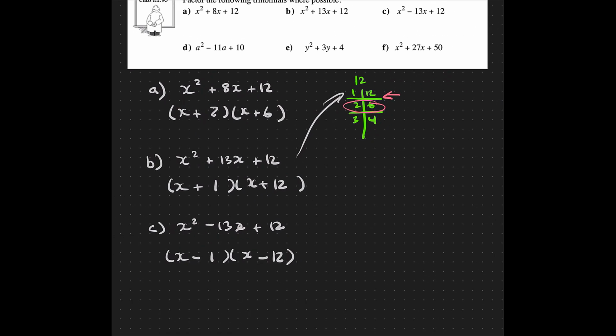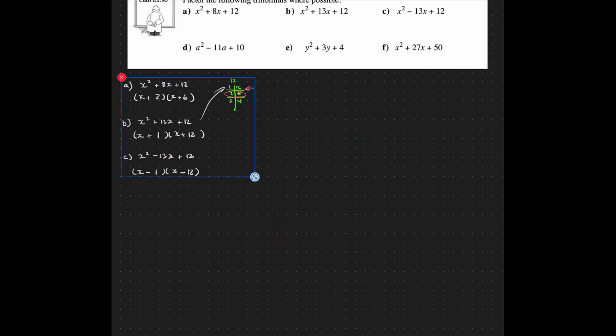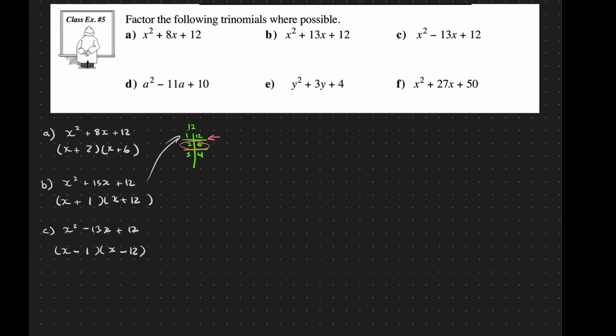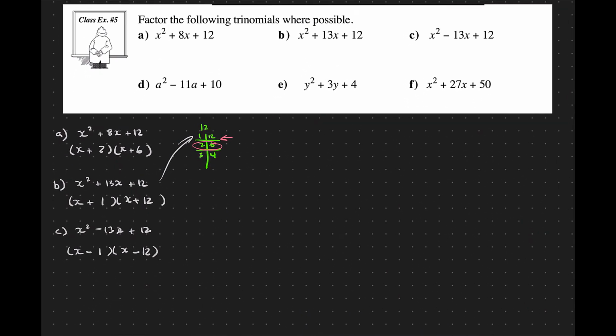Okay, let me just shrink this down a little bit, and we'll take a look at the other ones over here. Example D says we've got a squared minus 11a plus 10. So again, what do I have? I've got two binomials. They're going to be a and a. The signs are the same.